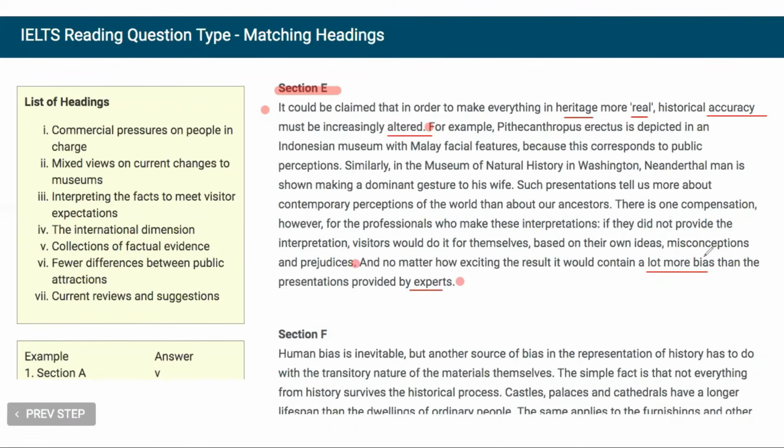And you see the word bias, historical accuracy is altered. Looking here at the list of headings, I would say that perhaps interpreting the facts is very similar to this because as a general idea, interpreting the facts goes quite well with bias, experts, accuracy, things that can be altered.